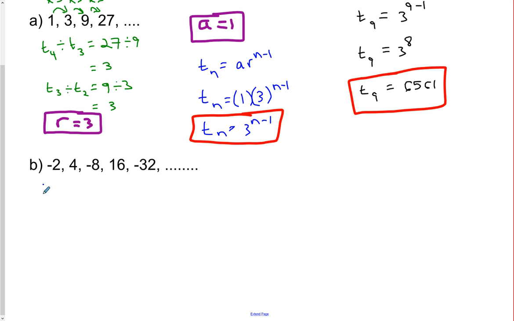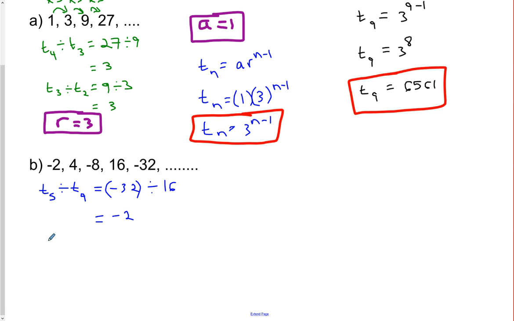I'm going to say my fifth term divided by the term before it, that'd be the fourth term, is negative 32 divided by positive 16. So negative divided by a positive gives you, sorry, a negative number. So that's going to be negative 2.